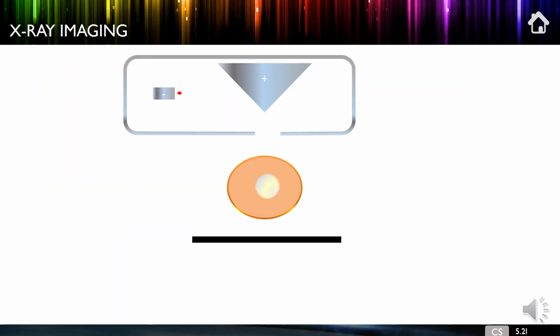So here's an X-ray machine. We've got electrons. They come off a kind of element here which gets quite hot and sort of boils off the electrons. They're accelerated at a very high speed to this target. When they hit the target, they produce this very, very high frequency type of electromagnetic wave, X-rays, and they can fly through this bone section.